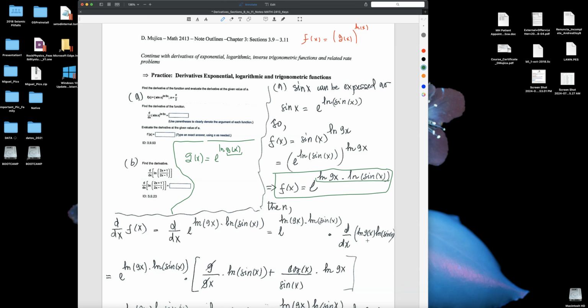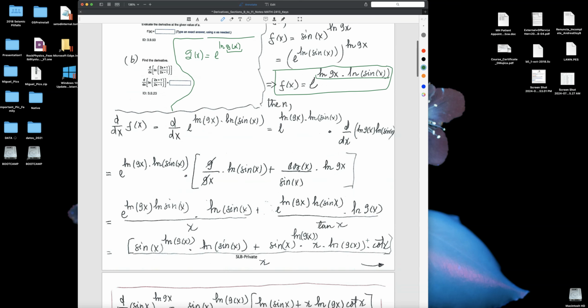You know how to compute the derivative of that multiplication, right? It is the derivative of the first one times the second factor, plus the derivative of the second one, which is 1 over sine times the derivative of the sine, which is the cosine, times the first factor. To compute this derivative, I apply the chain rule again. What follows is just a simplification.